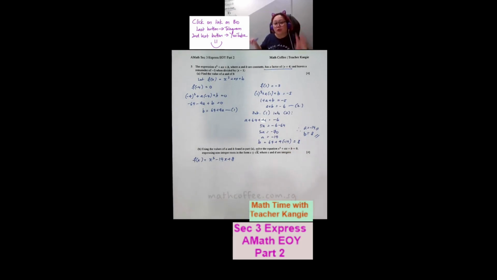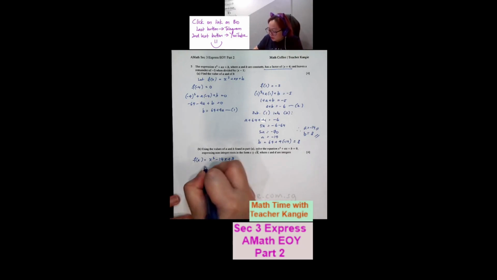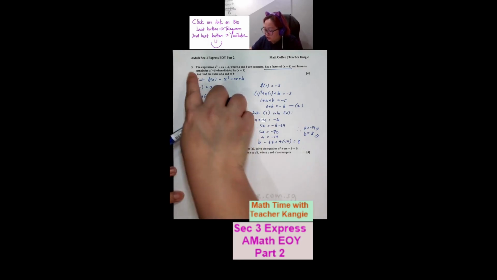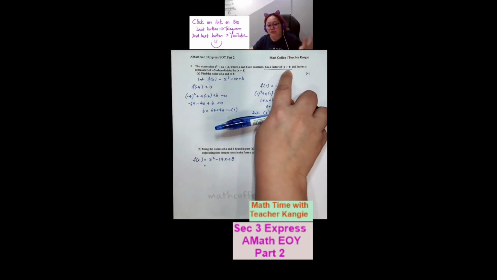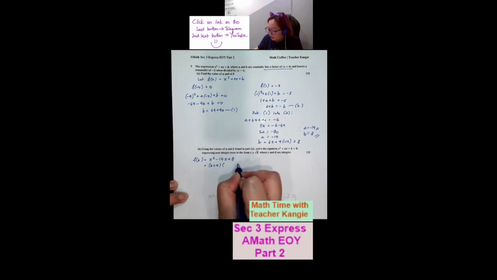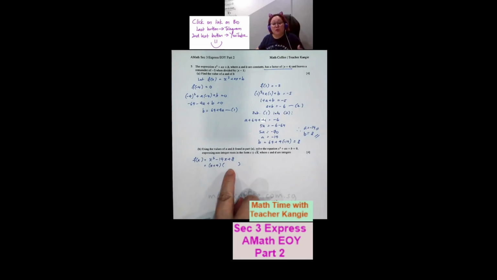So before you solve the cubic equation, you're supposed to factorize it first. To factorize, 90% of the time they will actually give you the first factor already. Look back into this question, they already tell us that x plus 4 is a factor. So I know that when I factorize this, I will expect to have an x plus 4. But of course, we will have this quadratic which we need to find.